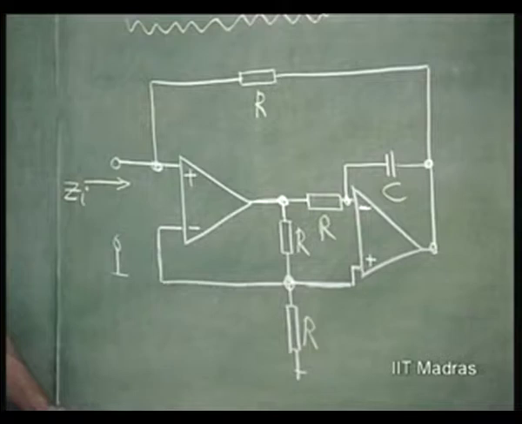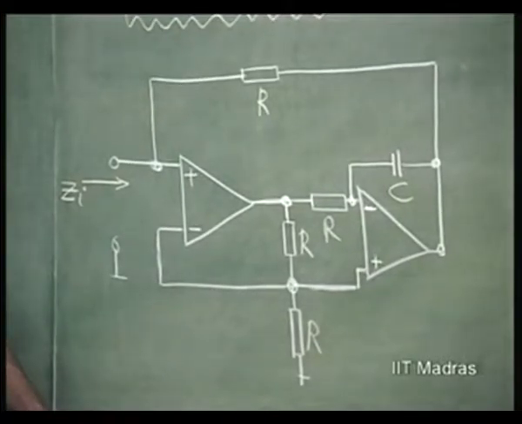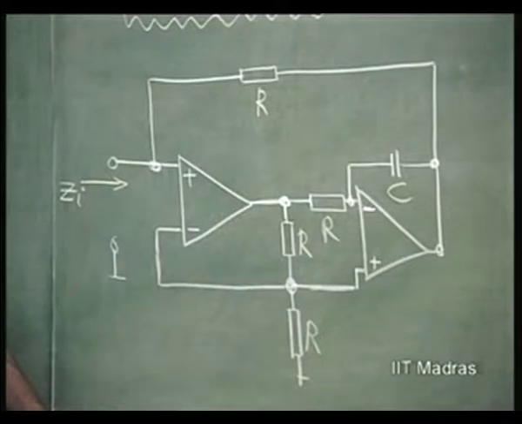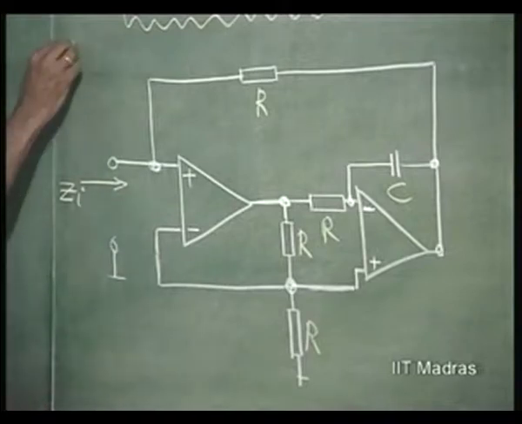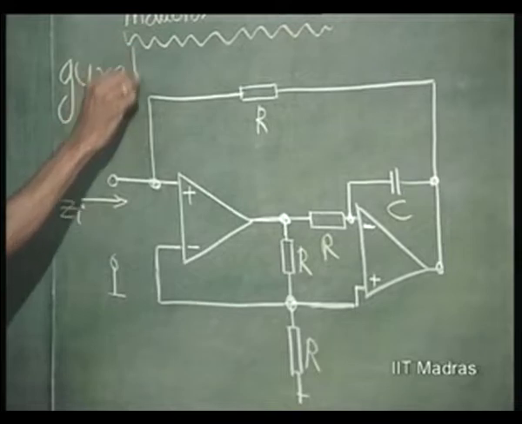So, almost all circuits which are to be made out of monolithic IC require that inductor be not existing. Suppose therefore, we want to simulate such an inductor using resistors and capacitors and active elements. How is it possible? Now, this circuit, which is called a gyrator.